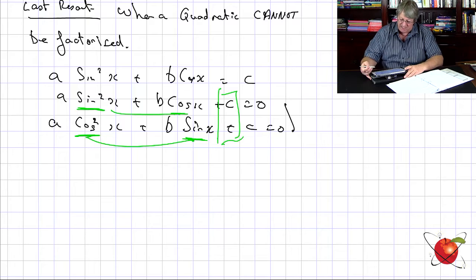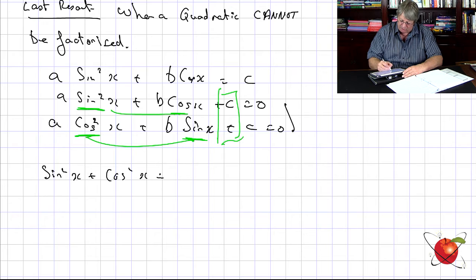Remember, it's similar to cofunctions, isn't it? The sine and the cos, but here there's a squared, which is making it even more difficult. What you have to bear in mind is this. Remember that sine squared x plus cos squared x equals 1. Therefore, sine squared x is 1 minus cos squared x.